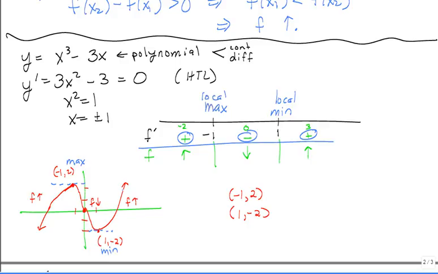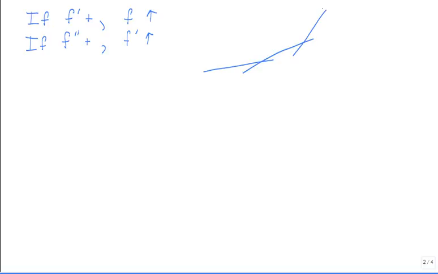All right, let's talk about the second derivative, because this gives us more information. Let's just start with the fact that if f prime is positive, f increases. So what happens about the second derivative? If the second derivative is positive, then f prime is increasing. Now, if your slopes are increasing, so they go from, say, a half to 1 to 2, then your graph goes like this, and it's concave up.